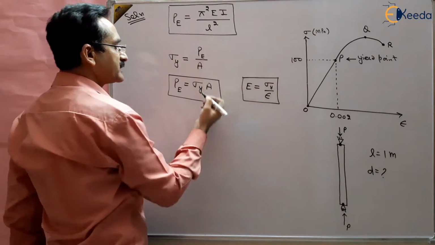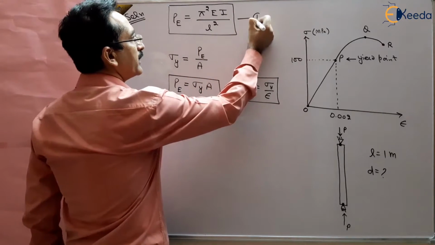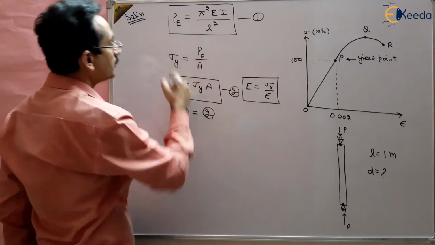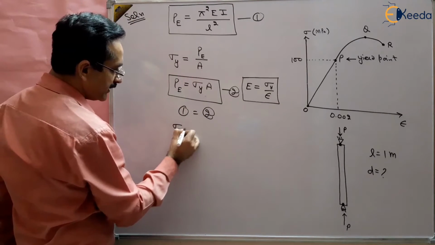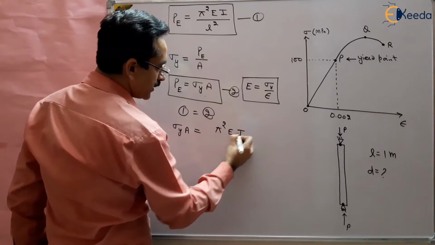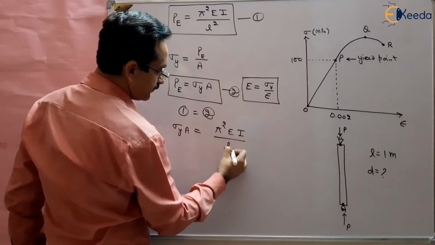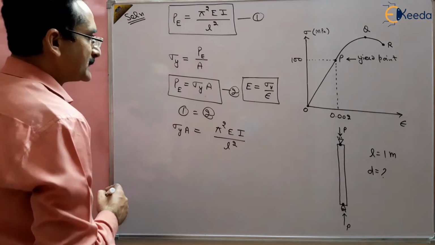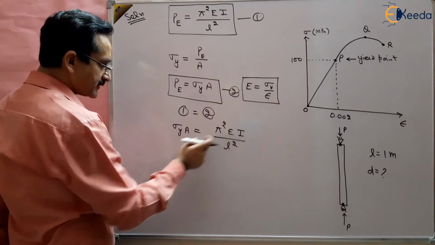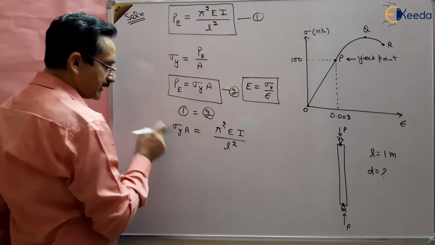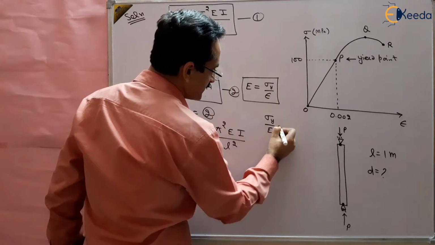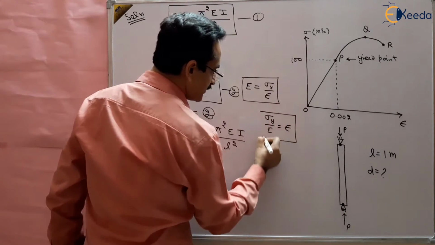Now this load and this load should be equal. So 1 should be equal to 2. We can write sigma Y A should be equal to pi square EI upon L square. Now from here we get sigma Y by E, which is basically the strain given to us.